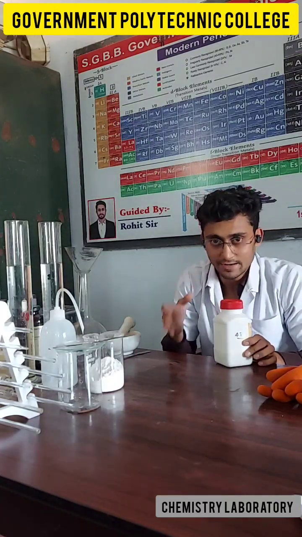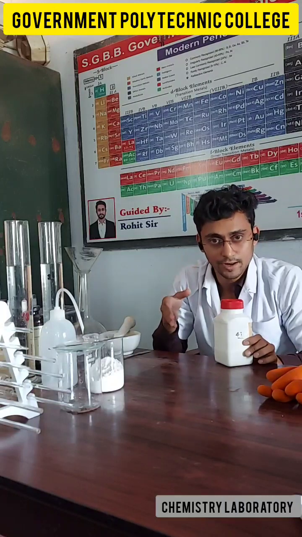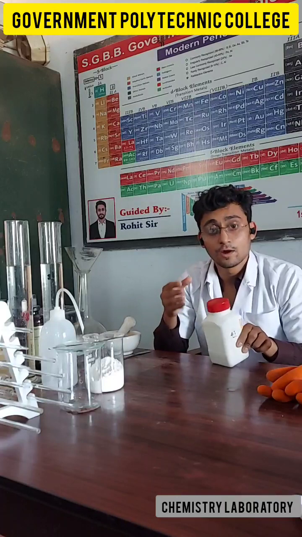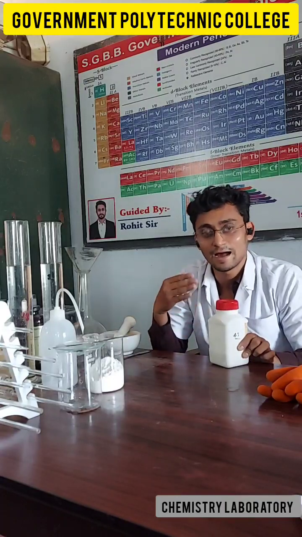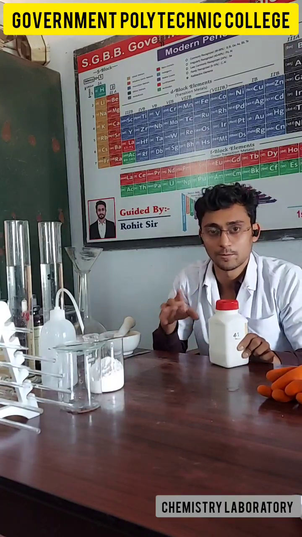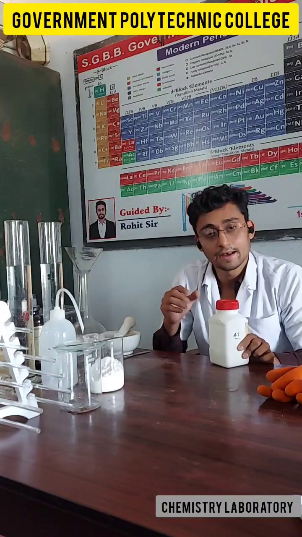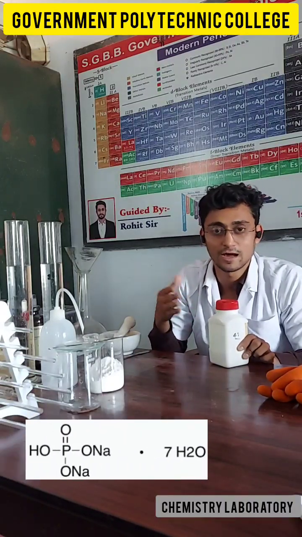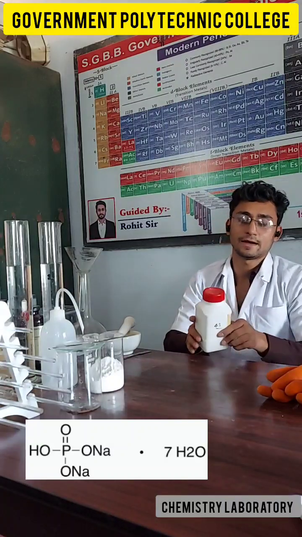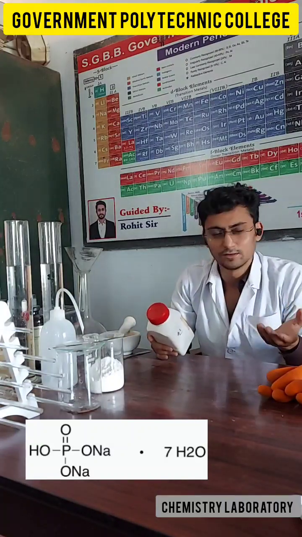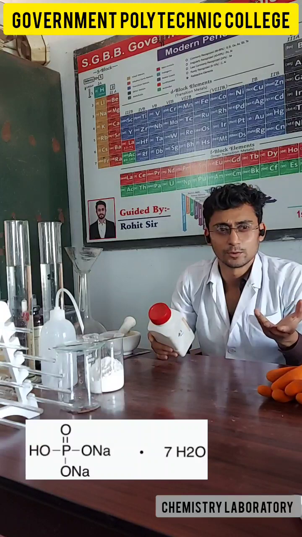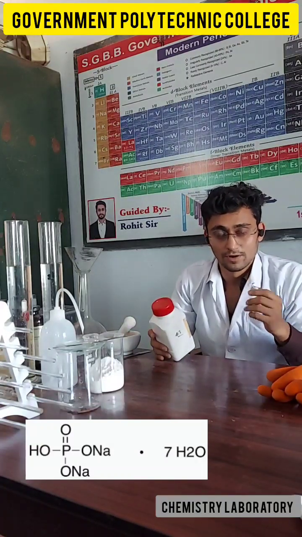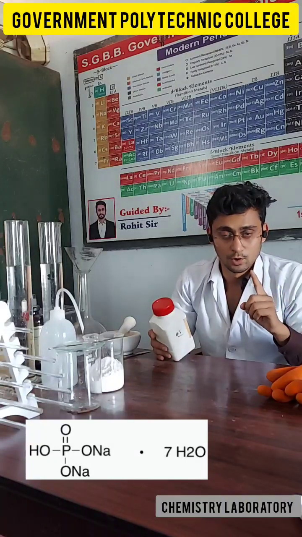So if you have anhydrous salt, then you have to add 142 grams of disodium hydrogen phosphate. And if you have disodium hydrogen phosphate dihydrate, then you have to add 178 grams of the salt. And if you have the heptahydrate, then you have to add approximately 126, because 18 is the molecular weight of 1 mole of water.